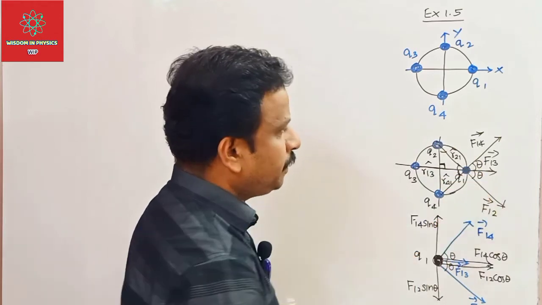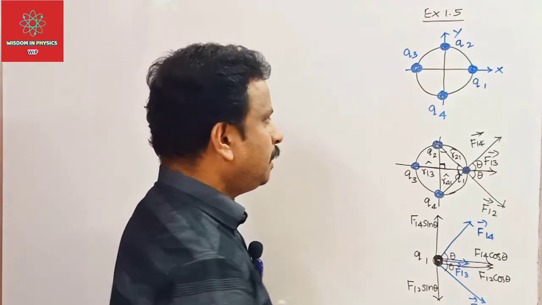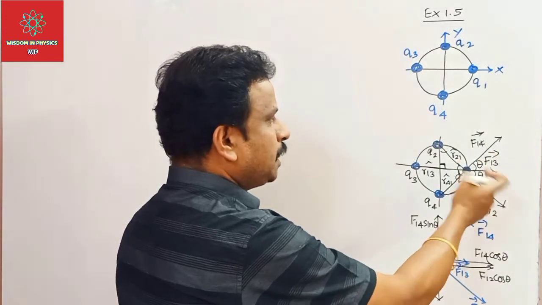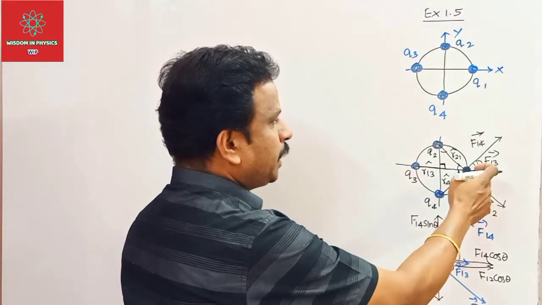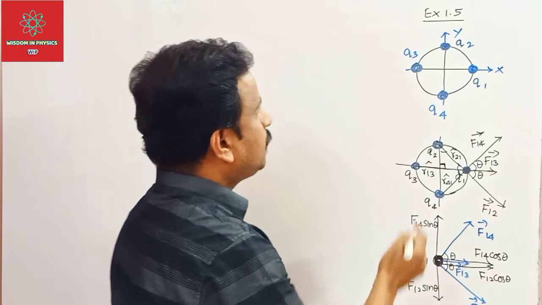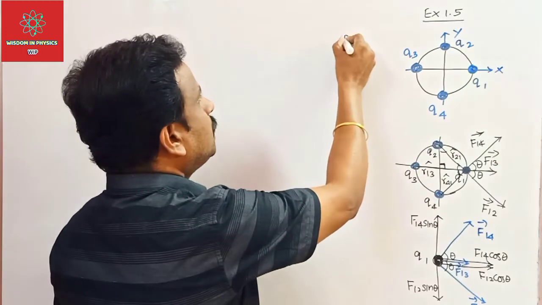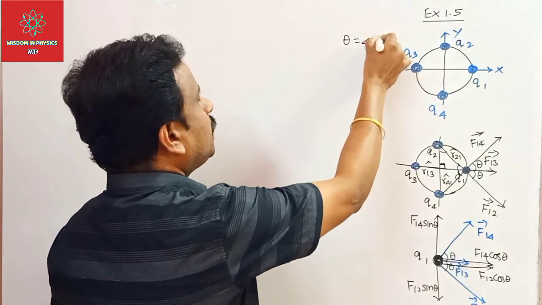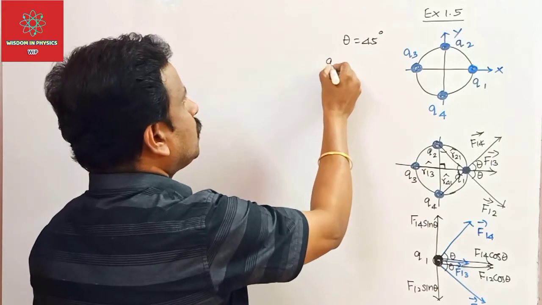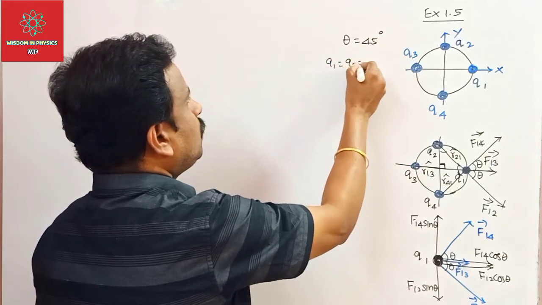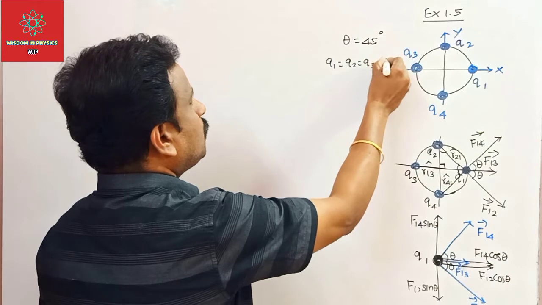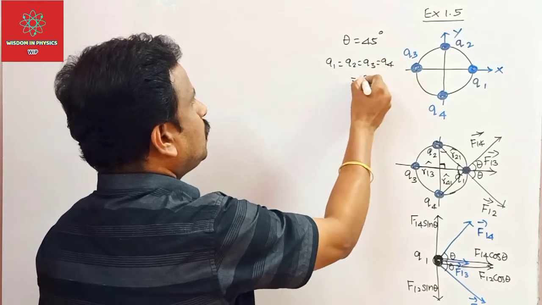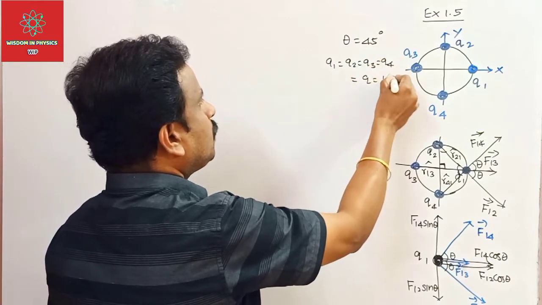So 45 plus 45 is 90, and this also 90. So vertically opposite angles, this is 45, this is 45. So what do you understand from the diagram? Theta is equal to 45 degree. Am I right? And also Q1 equals Q2 equals Q3 equals Q4, which is equal to Q, and it is taken as 1 microcoulomb.